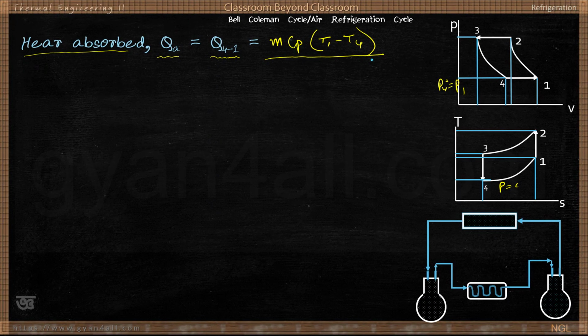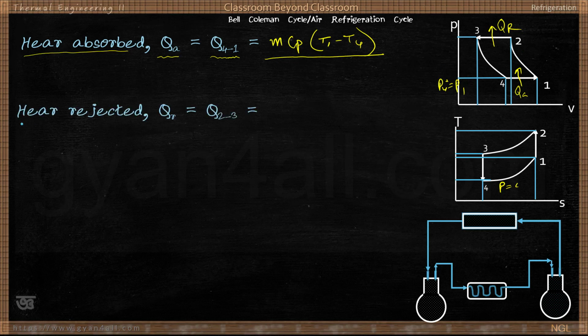Now come to the whole cycle. In this cycle you can see this is heat absorbed, QA, and this process is heat rejected, QR. So next we will discuss the heat rejected. What is heat rejected?